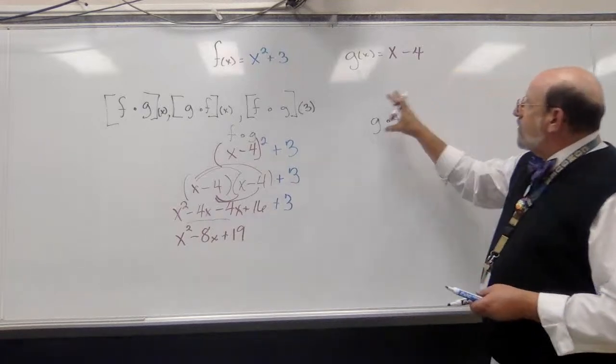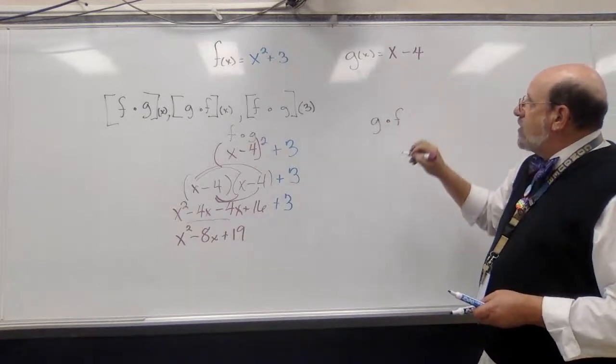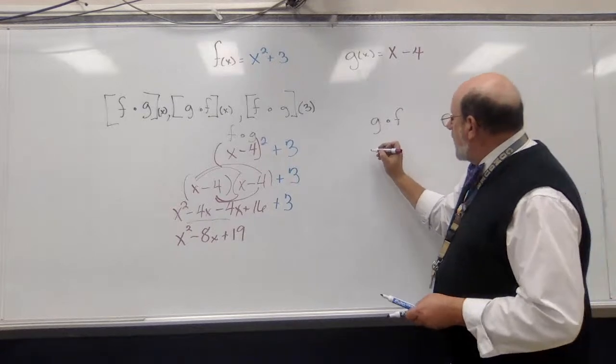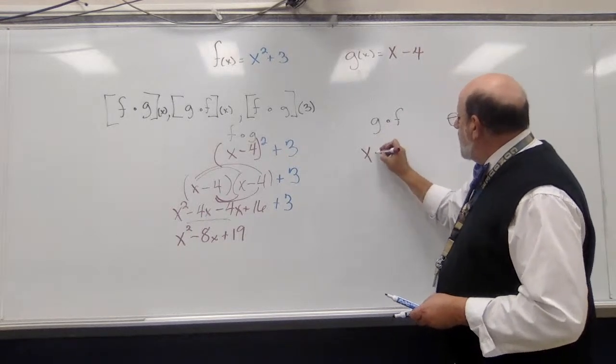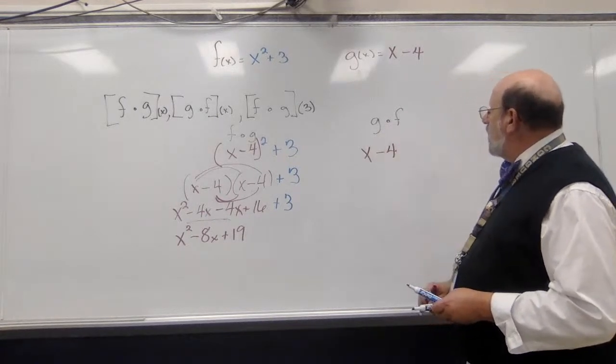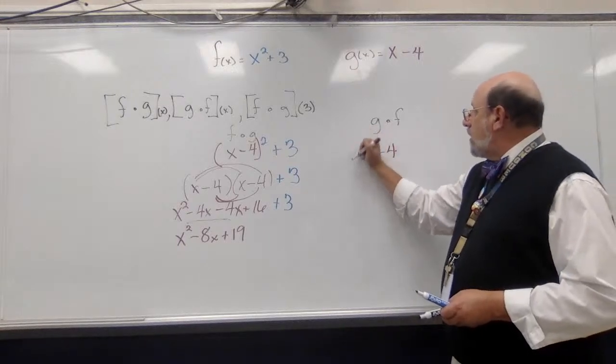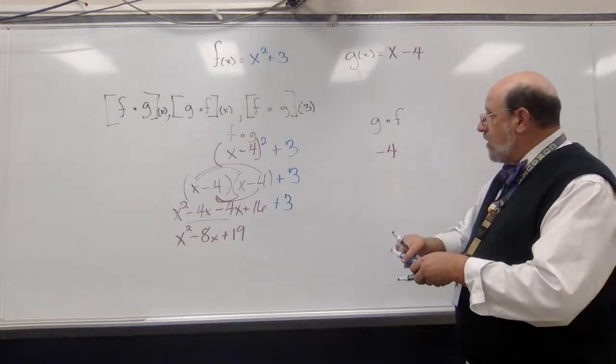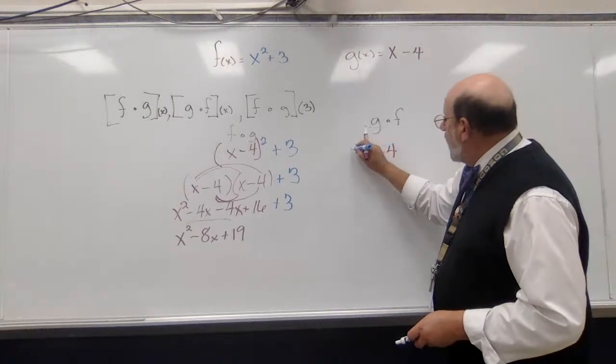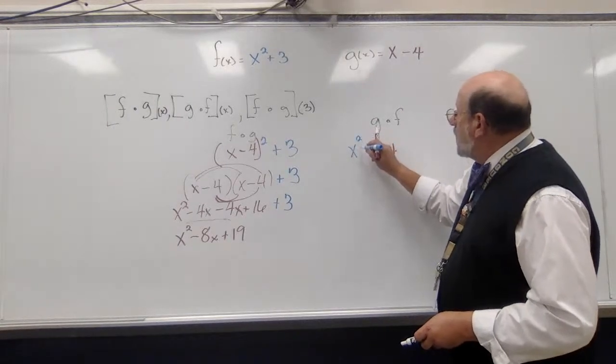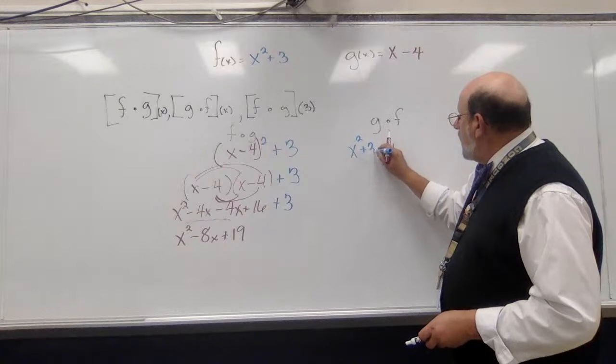We're going to put the f in the x of the g function. So let's start with that g function, x minus 4. Where's the x? Right there. What are we going to put in its place? We're going to put that whole thing, x squared plus 3.